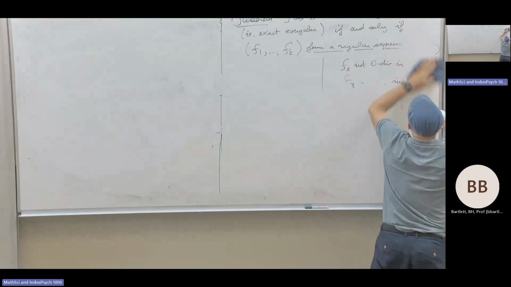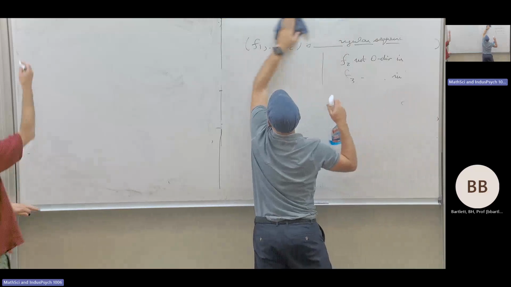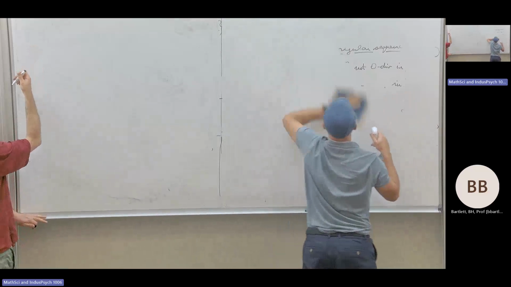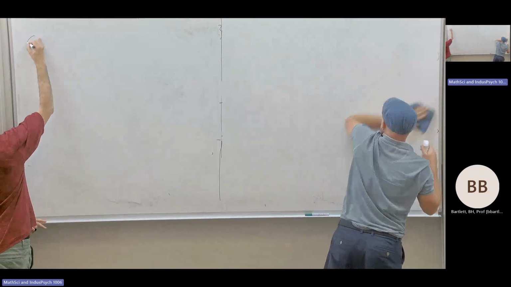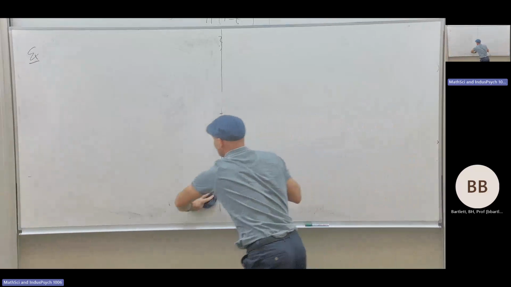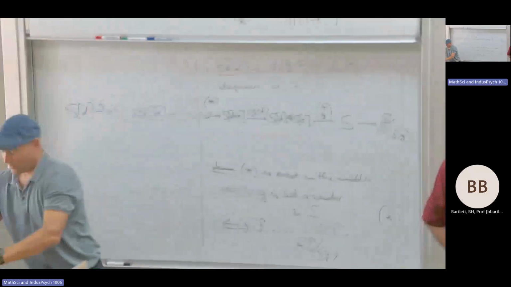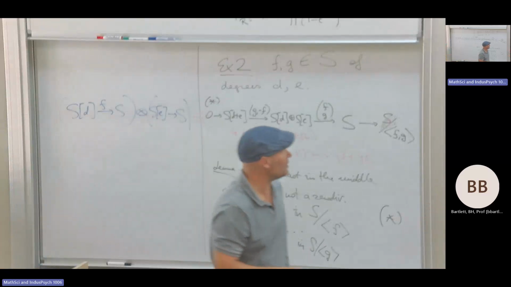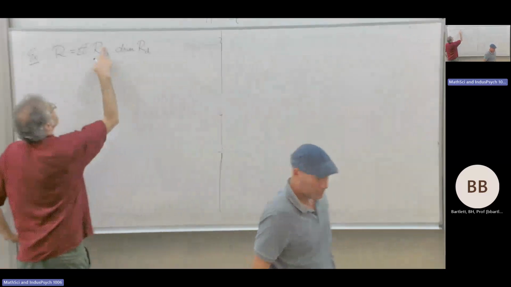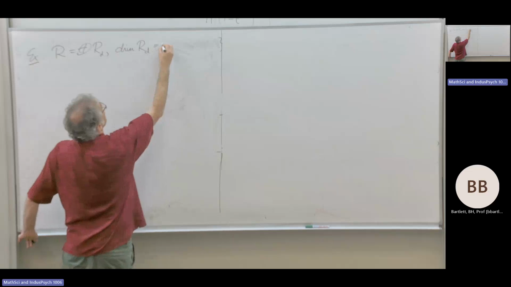So we'll approach this ring in different ways, but let me start with the mystery point of view. An interesting example is a ring R, the sum of R_d, where the dimension of R_d is 3d plus 1.